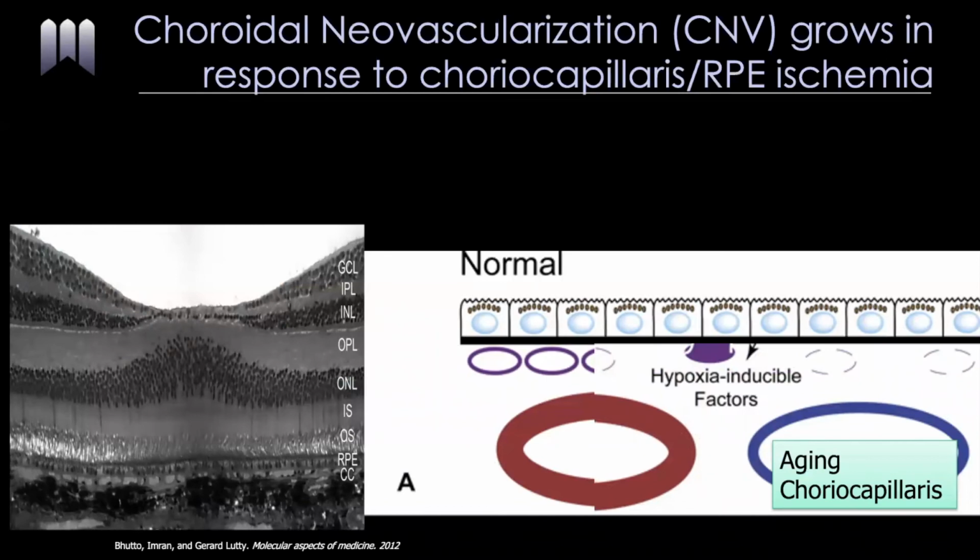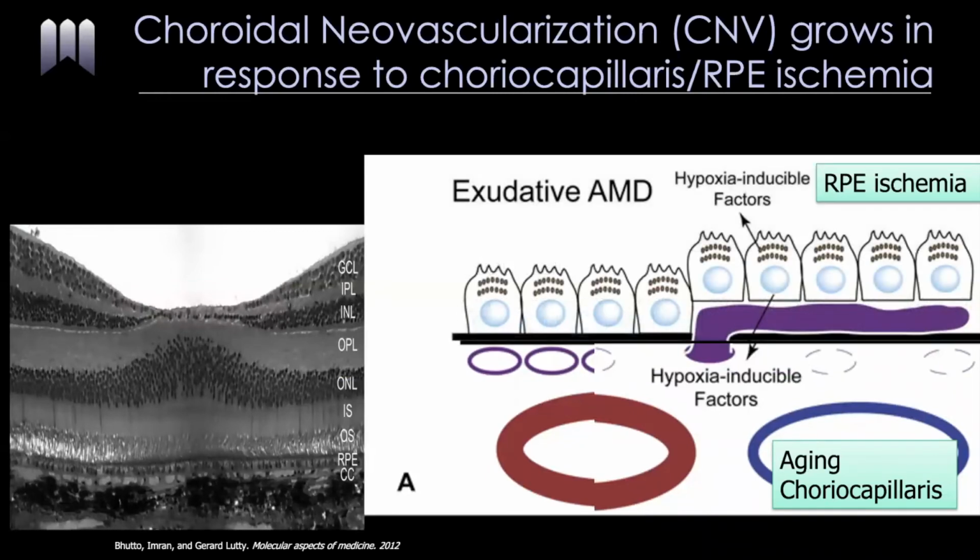And then as we age, there's a loss of the choriocapillaris, and with it, perhaps RPE ischemia. Once the RPE becomes ischemic because of the unhealthy choriocapillaris, then it starts to secrete these angiogenic factors. And angiogenic factors then invite the neovascular membranes to grow as a reactive process to the RPE and choriocapillaris ischemia.